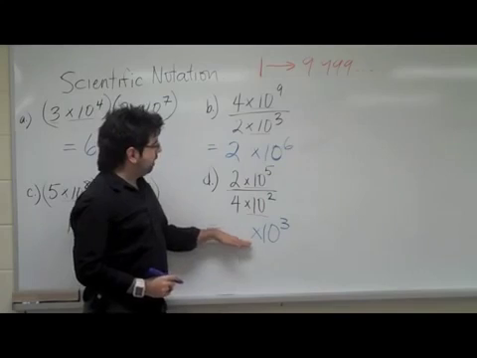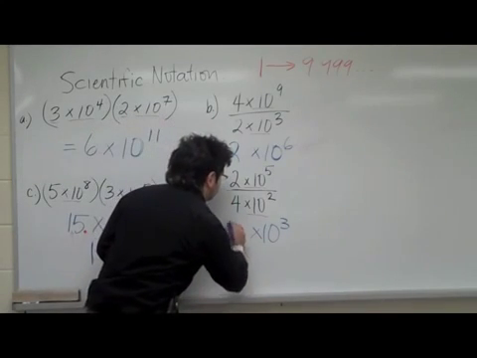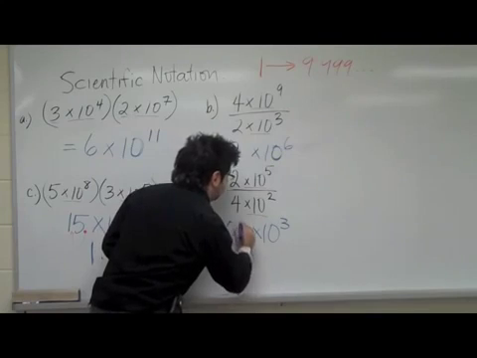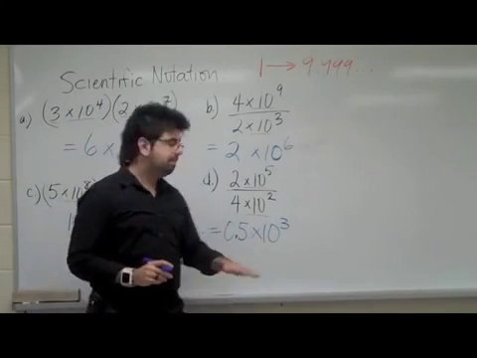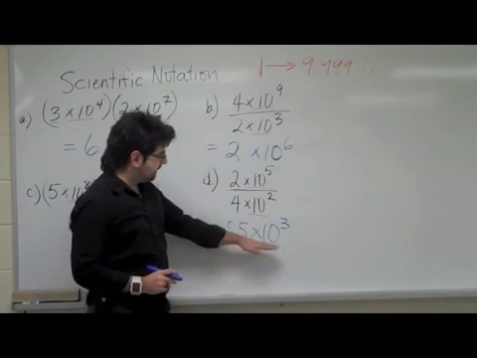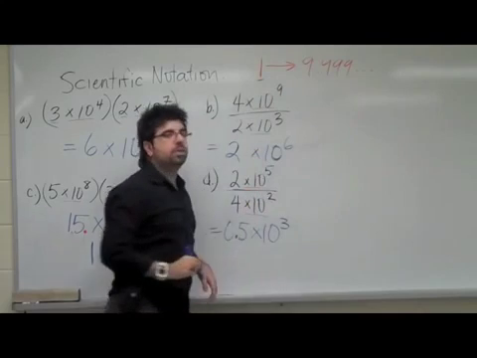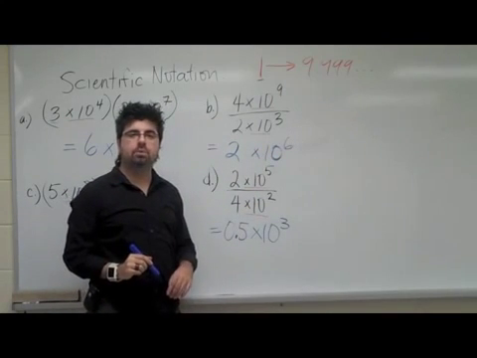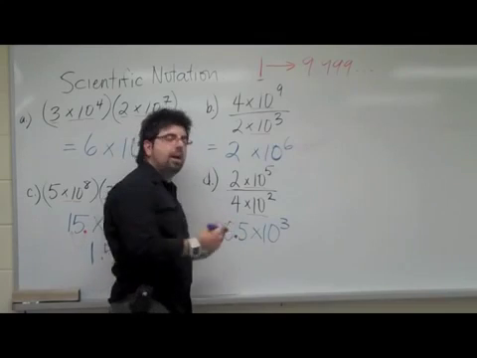Now, we want to find out what our leading value is. 2 divided by 4 is going to give me 0.5. And right away, again, the warning bell should be kicking in, because the value in front of this times 10 to the power of 3 is smaller than the lowest number that we can use for scientific notation. Which means we should not have the decimal there.